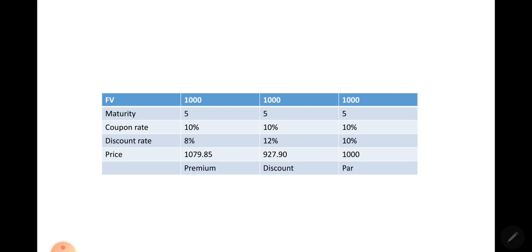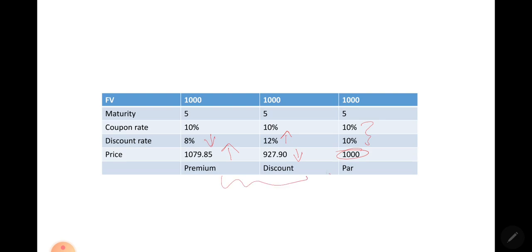If you look at all three answers in the table, you can see that when the discount rate, the market interest rate, goes down, the price tends to go up. And when the market interest rate goes up, the price tends to decrease. And when both of them are equal, only then the bond will trade at its par value.